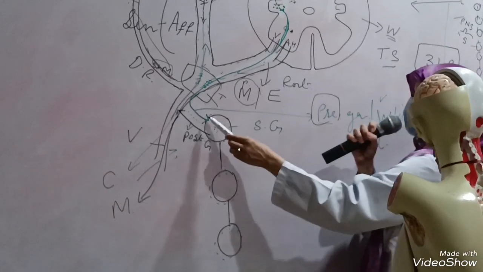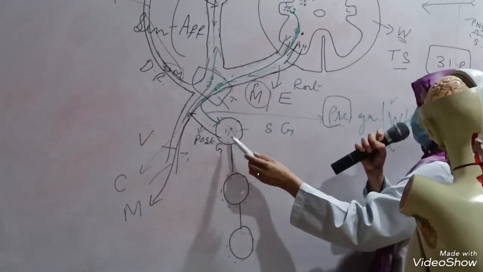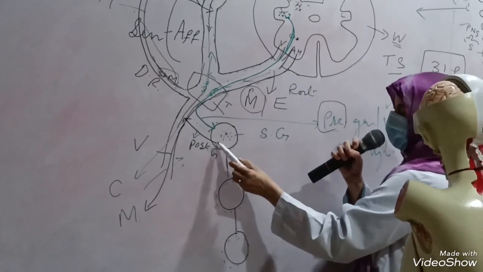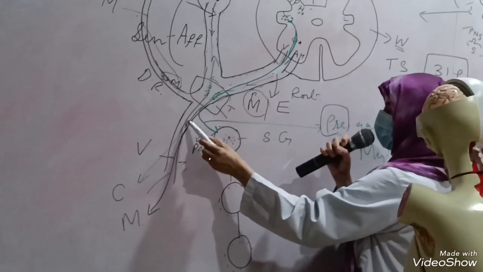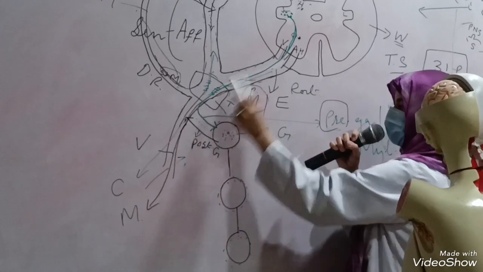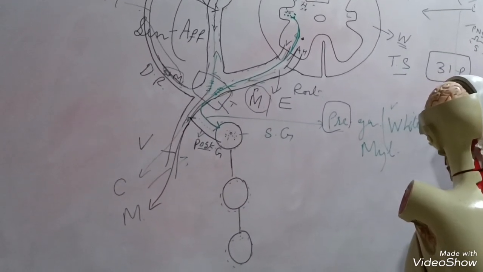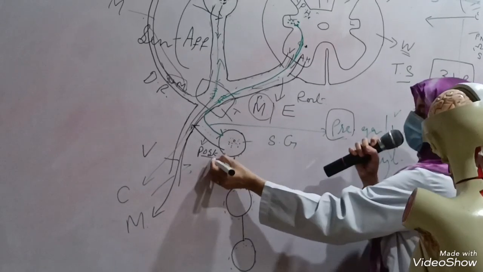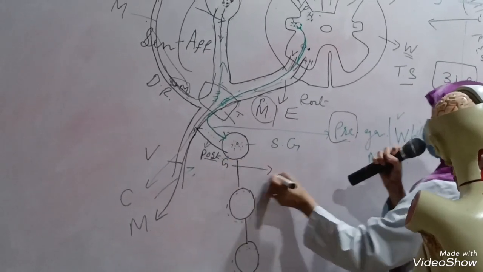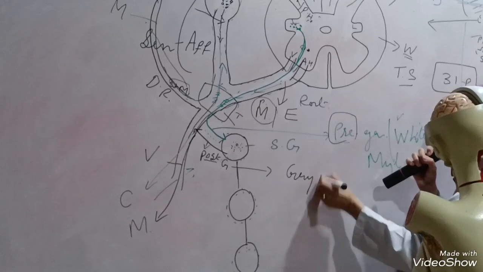Neurons are lying here, these are synapsing with it, and from here again fibers move back towards the ventral ramus of the spinal nerve as post-ganglionic. After the ganglion, post-ganglionic.